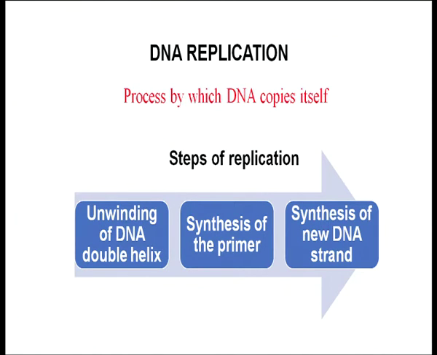So, whenever the DNA replicates, the cell receives half DNA, which is the older one, and half newly synthesized. That is, one strand of DNA which serves as a template is an old one, and the other strand of DNA that is newly synthesized is the new one. So, we say that DNA replication is semi-conservative in nature.